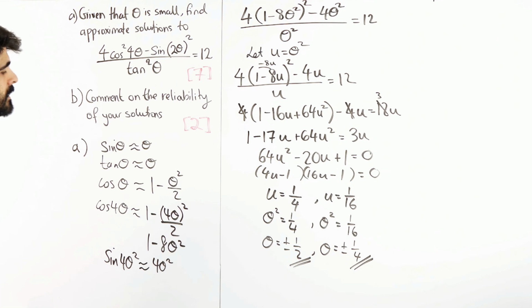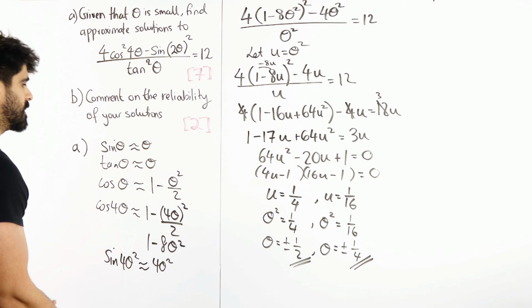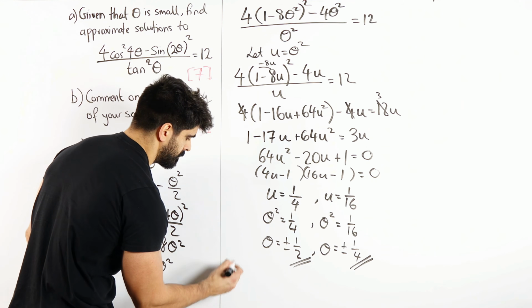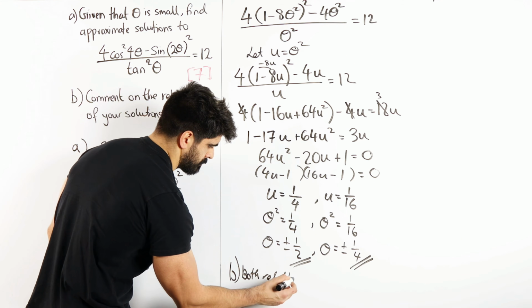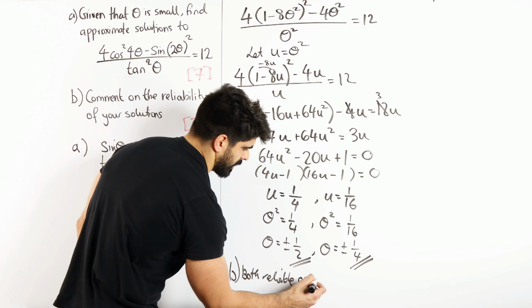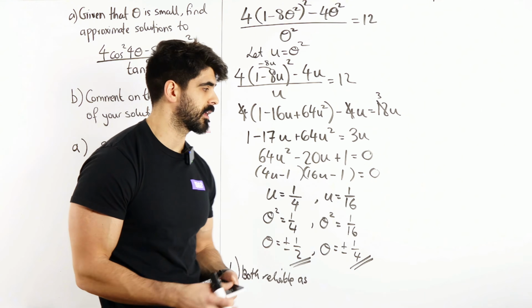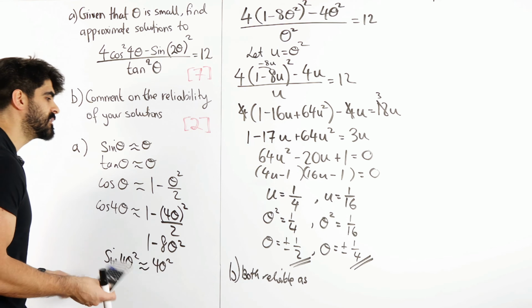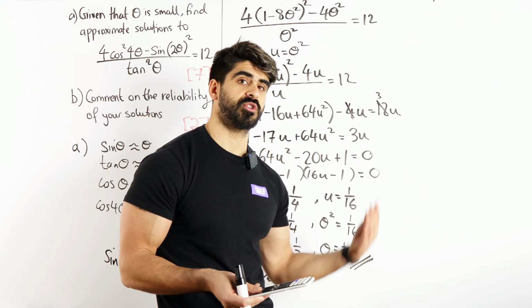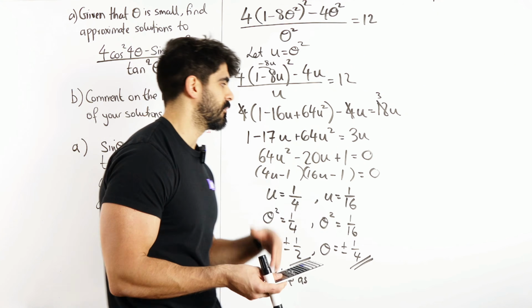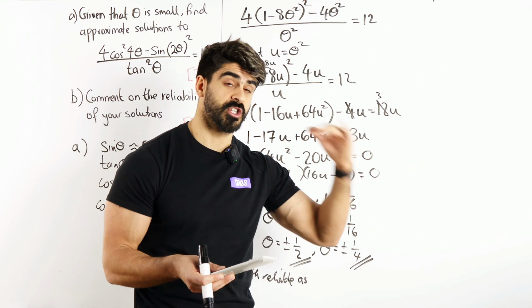Then part B says, comment on the reliability of your solutions. Now with this one, I would say that they're both reliable as small. Essentially, you want to keep theta between 1 and minus 1. It's the same reasoning in general as with geometric sequences and the binomial 1 plus x to the power of n, keeping modulus x less than 1.